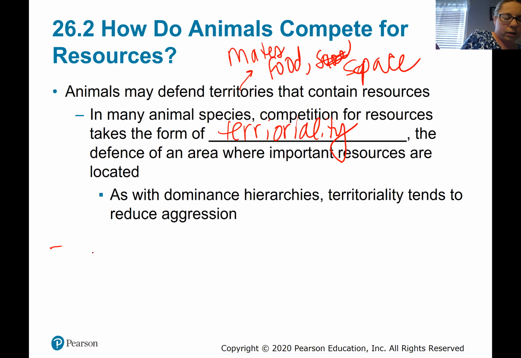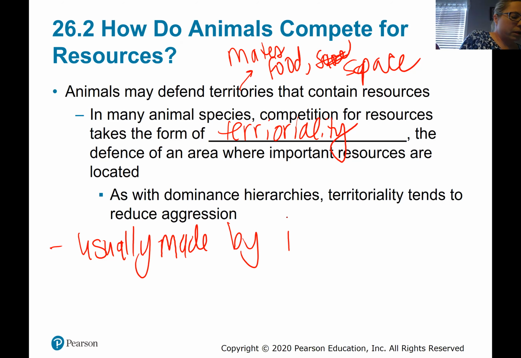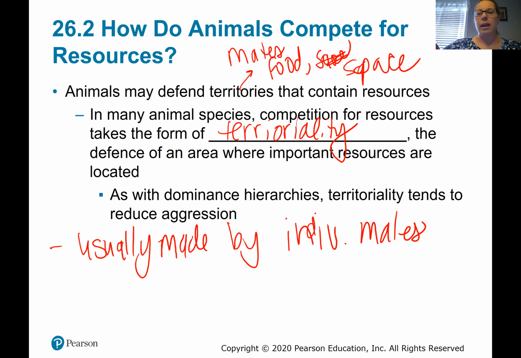Usually territories are made by individual males, like buck deer will go and they will mark their territories. They'll scrape up with their antlers. They will urinate in different places and kind of mark their territory.